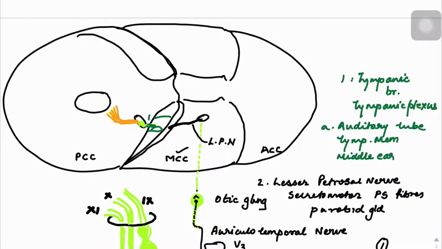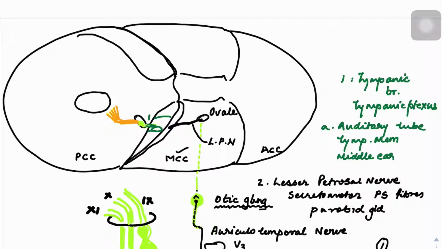Let us go ahead. This was the first branch, the tympanic branch, which continued as lesser petrosal nerve, enter through foramen ovale. So that's a foramen ovale. Passes through the foramen ovale, reaches below the middle cranial fossa and relay at the otic ganglion.